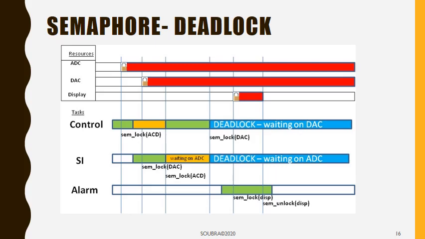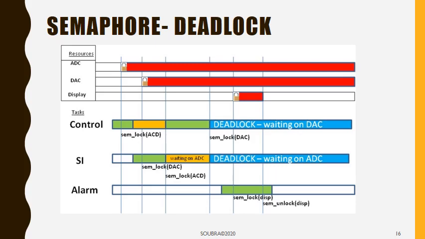It will lock the ADC. All right, and for some reason this one will lock the DAC. So it got preempted after locking the ADC. This one executed and locked the DAC, and then it's attempting to take the ADC, which is already taken, so it will enter a deadlock.